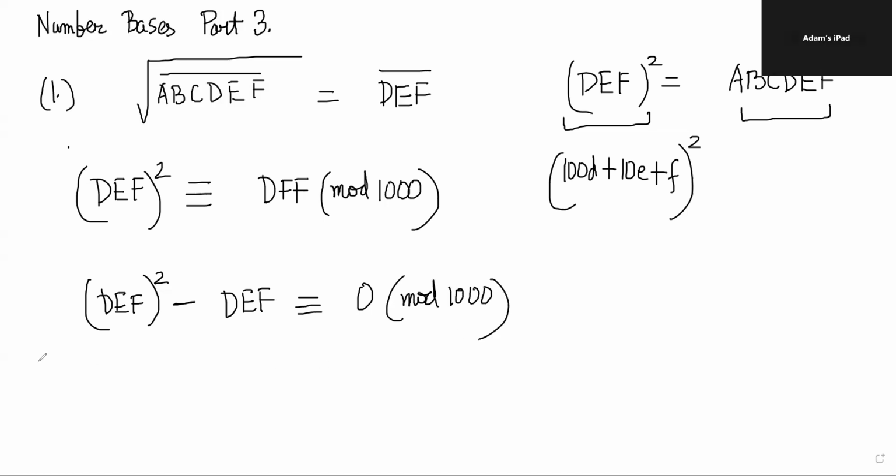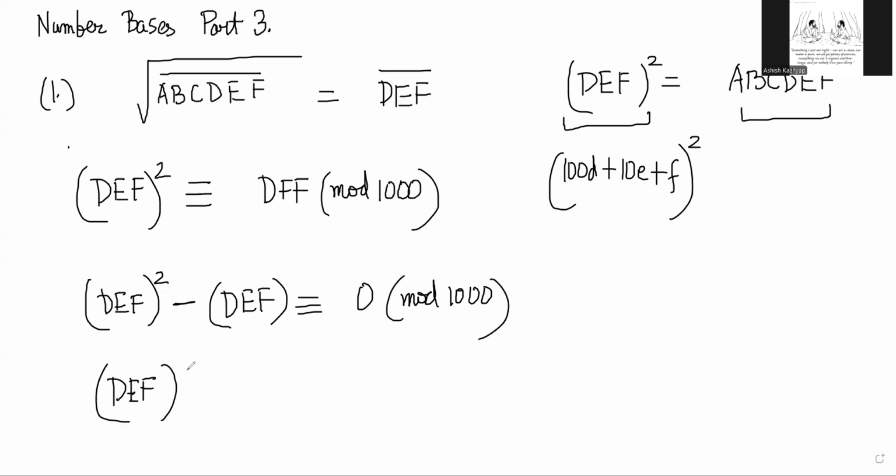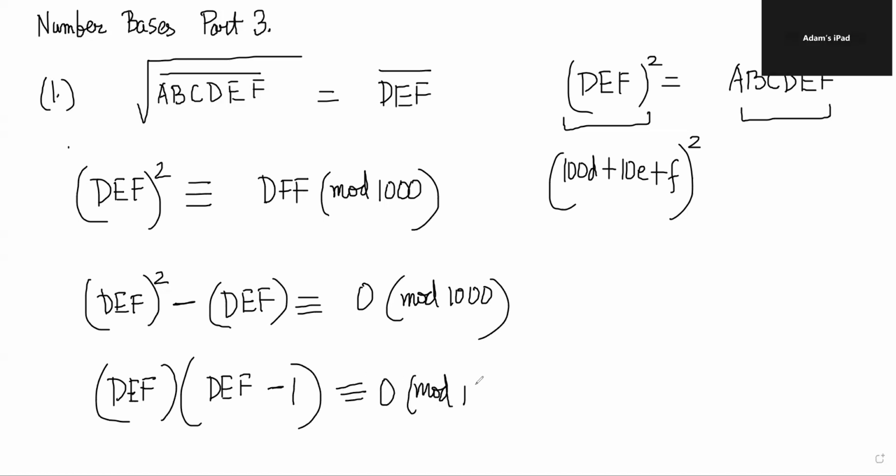So we can take DEF common: DEF times (DEF minus 1) is congruent to 0 mod 1000.